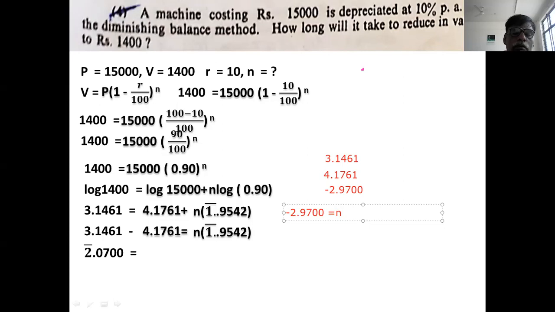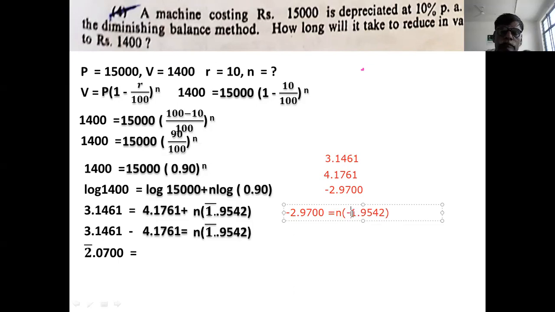n in the bracket bar 1.9542. You put the bar here. It is minus. Okay.